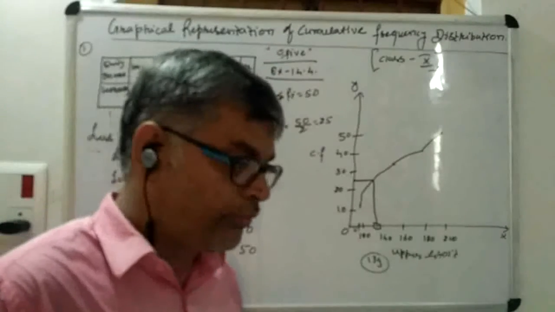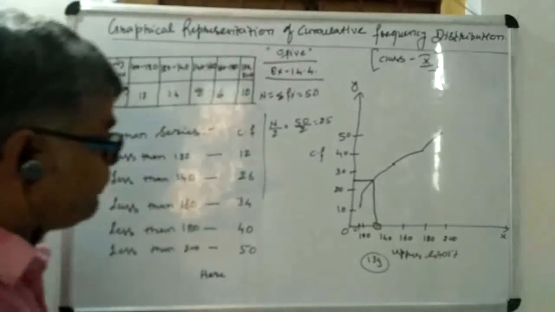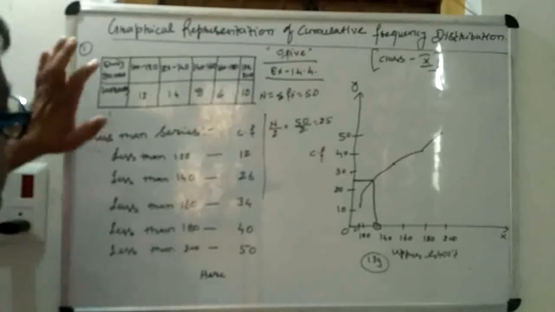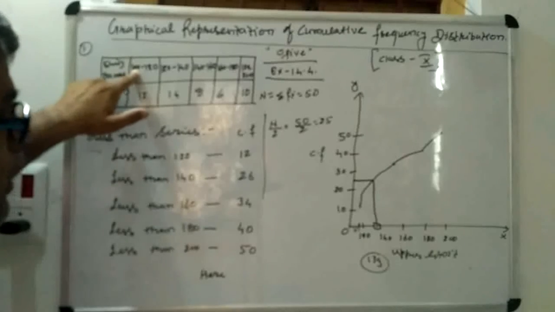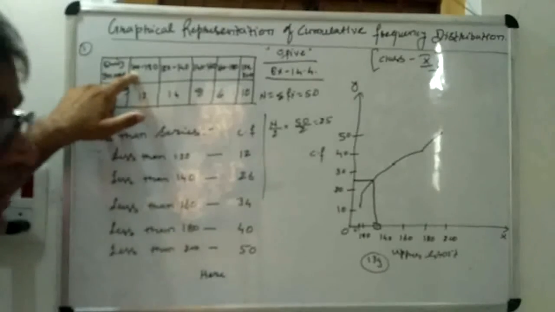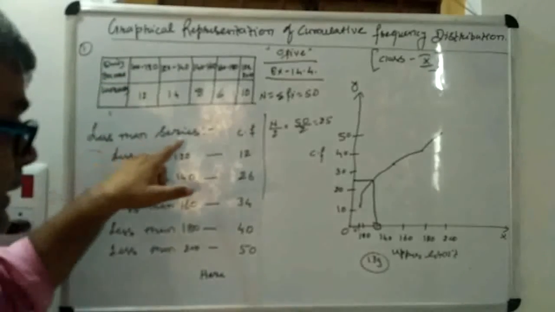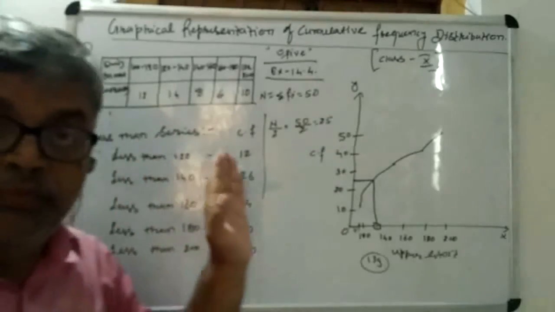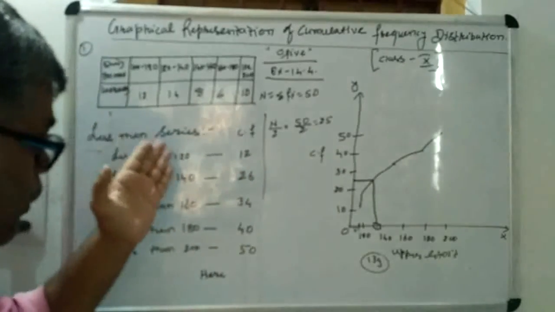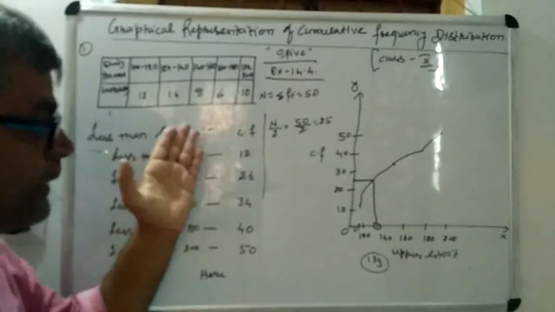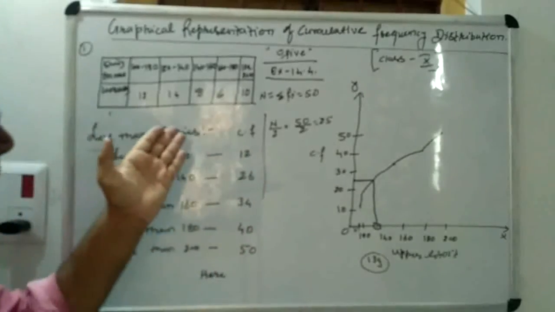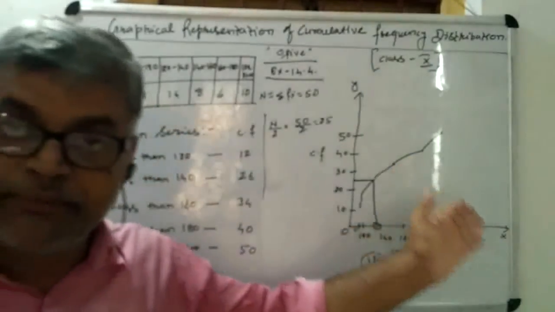And in case of more than ogive, you have to take the lower limit. This was a type of less than series. We have completed the less than series, so that's why it is called less than type ogive.